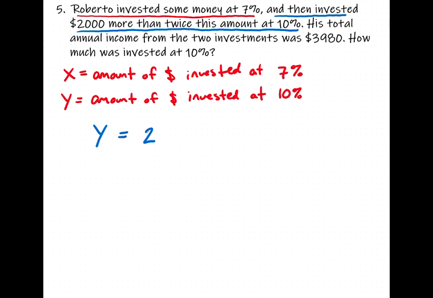So twice that amount would be the 2x, and then 2,000 more than that would be plus 2,000. So the amount invested at 10% is 2,000 more than twice the amount invested at 7%.